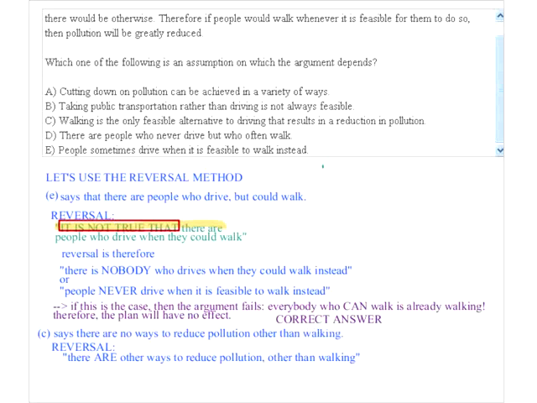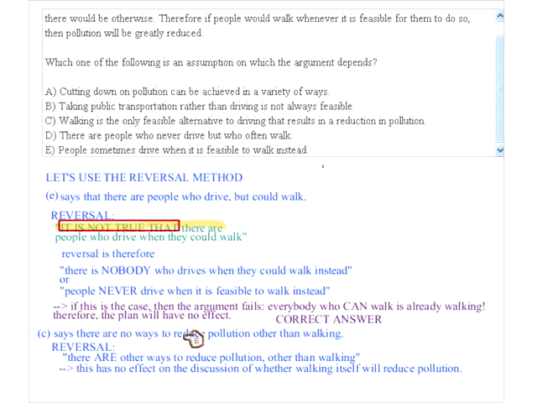Well, this doesn't affect the argument, right? This has no effect on the discussion of whether walking itself will reduce pollution. In other words, if I'm just saying there are alternative ways of reducing pollution, that doesn't have any effect either way on the effect of walking. It's kind of like what we said about drugs.